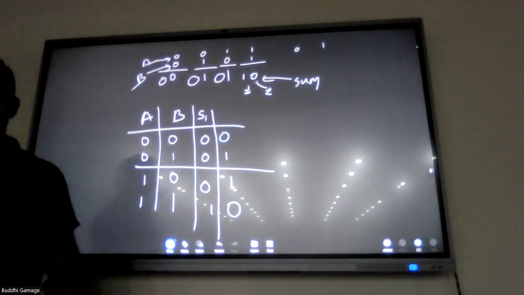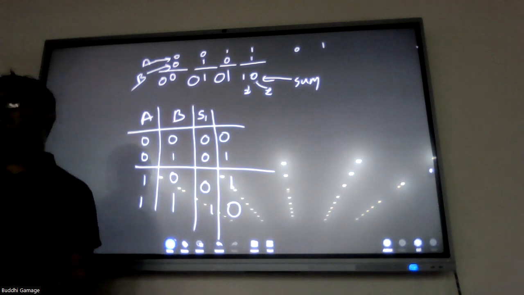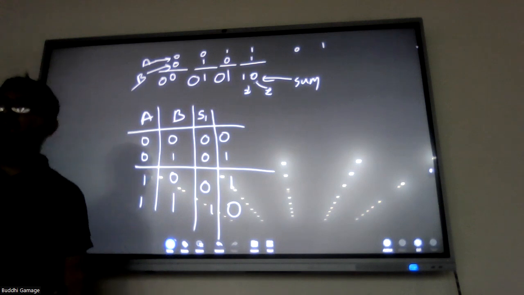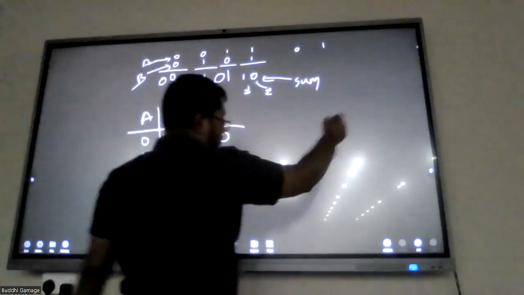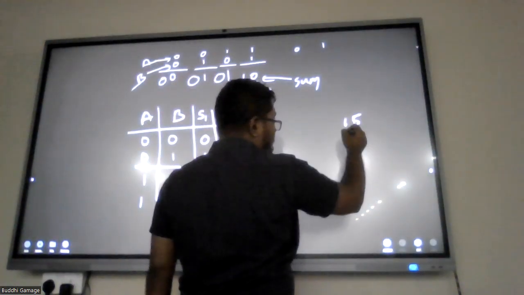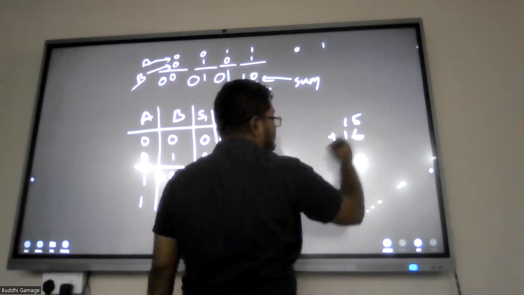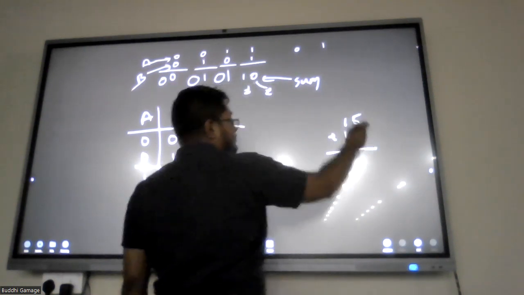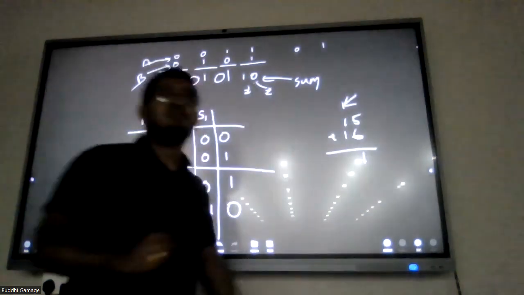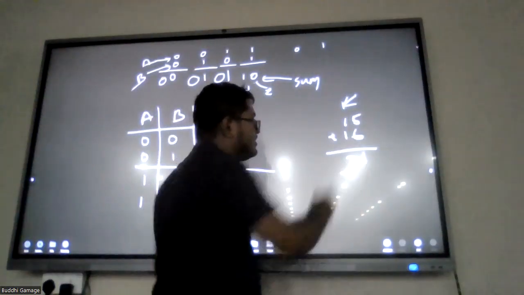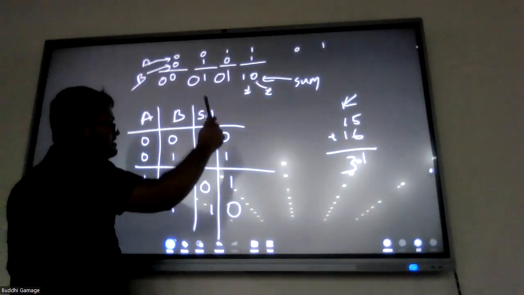Like in decimal, you are adding 5 plus 6. Then what is the answer? 11, right? So the higher digit is 1, which is going to carry forward to the next decimal point. So we need to do this here as well.